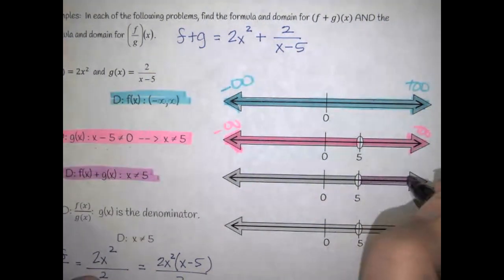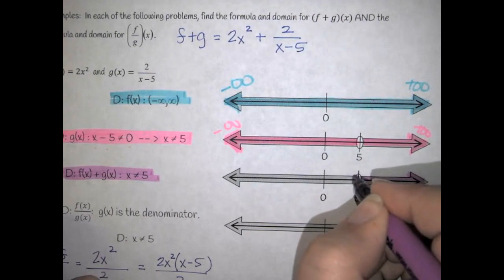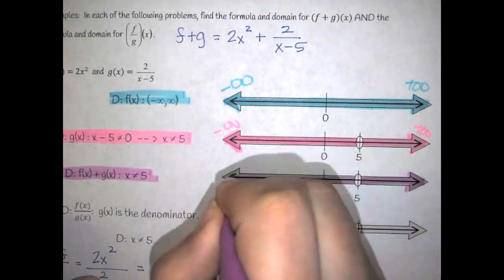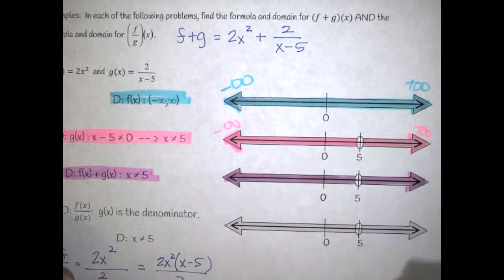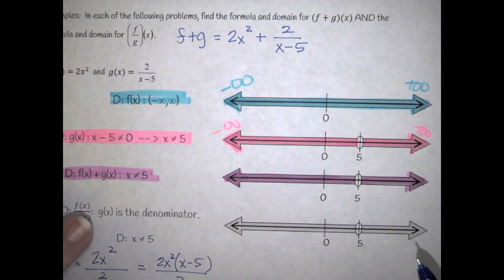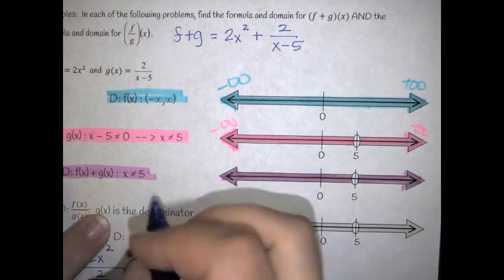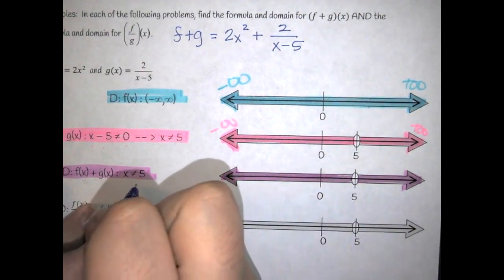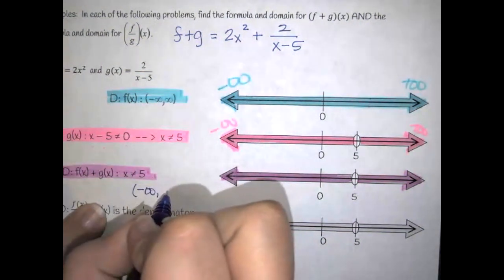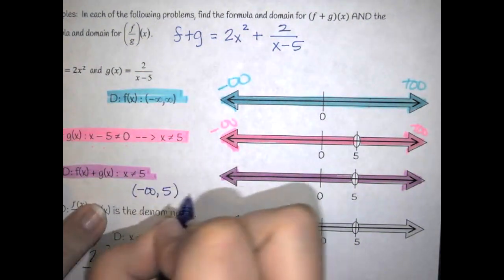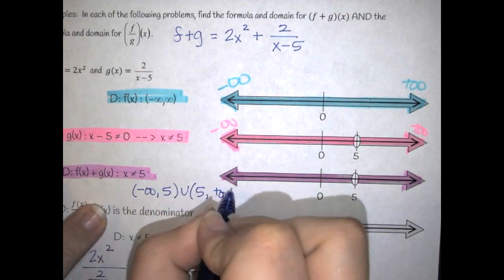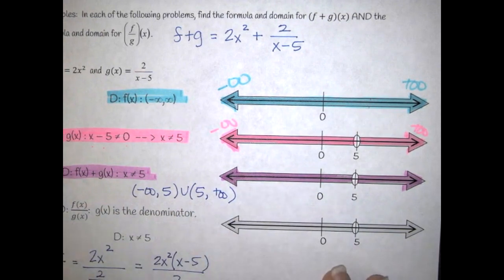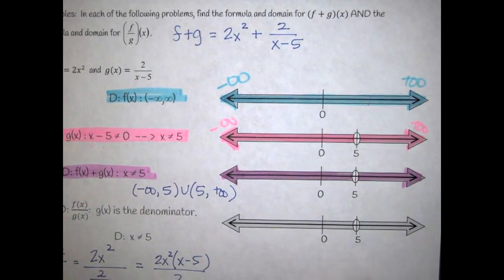We still have this hole because we still have to take the domain of g into account. The other thing we have to do is write the interval. The interval says we can go from negative infinity up to 5, union from 5 to positive infinity. And that is going to be the domain of f plus g.